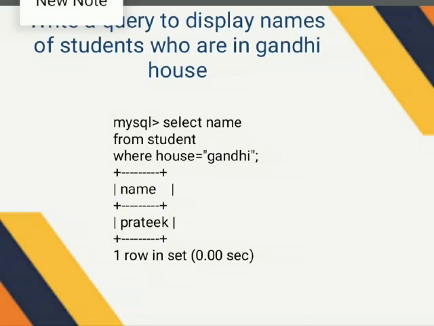What was the rule? Int and decimal are numeric data types. They will not be enclosed in double quotes or single quotes. But char, varchar, date, time are data types which are always enclosed in either single quotes or double quotes.